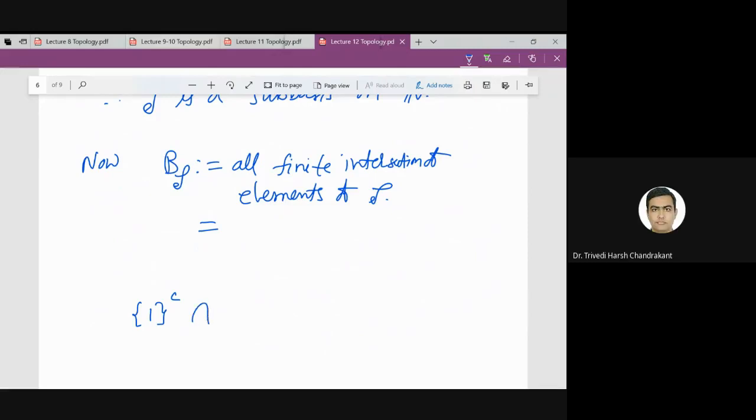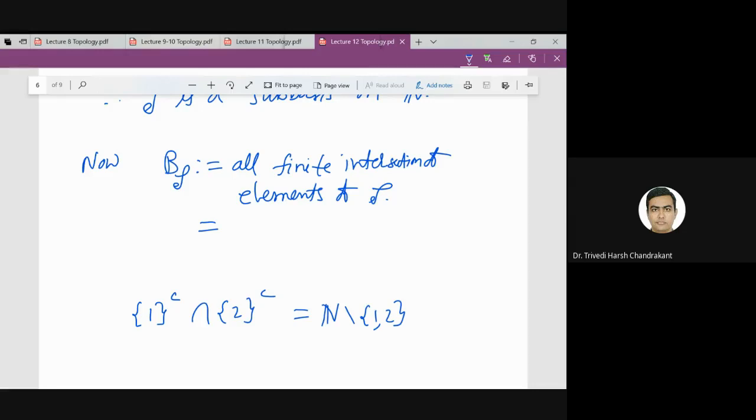Let us take at least two sets and see what this set will be. This is the finite intersection of the complement of 1 and the complement of 2, two elements. I am not taking a union here, only intersection. So it is N minus {1, 2}. Here I have taken the intersection of two elements of S. Suppose I take three elements, then I will get N minus those three elements.